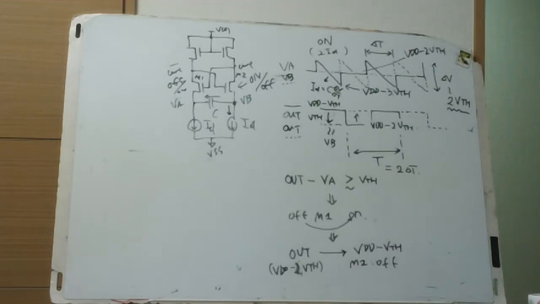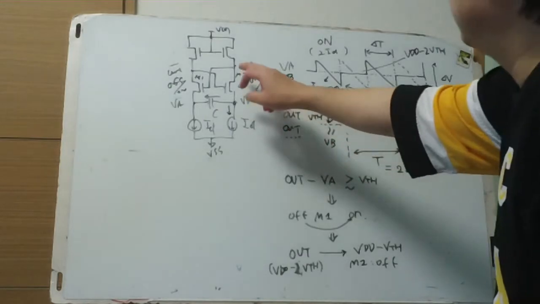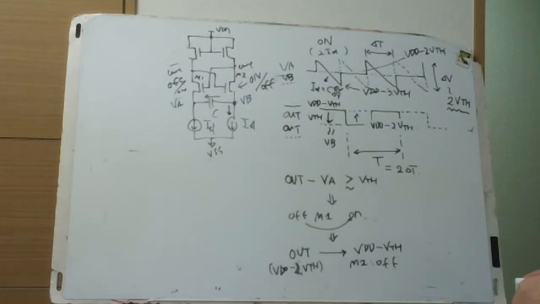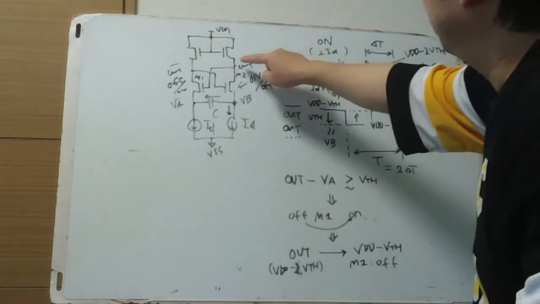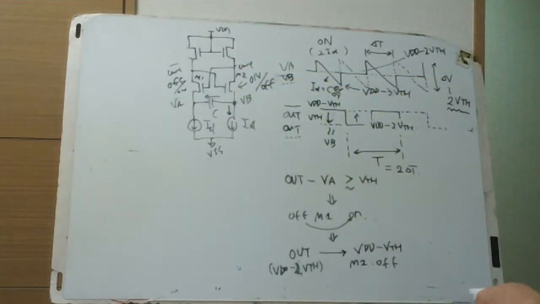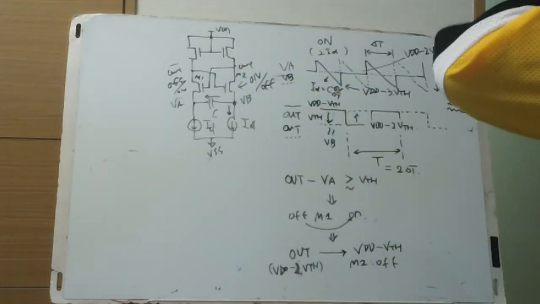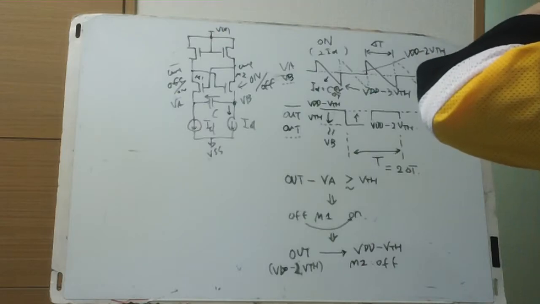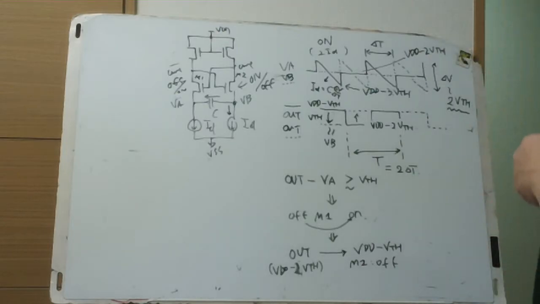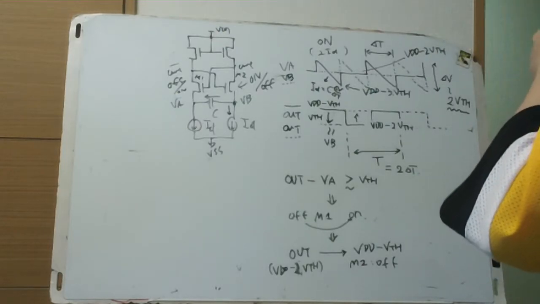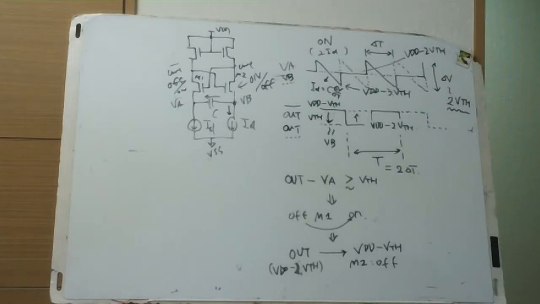The name "source coupled" is a dangerous word, because this is drain, but this is source: drain coupled. I like drain coupled. If it were source coupled, it would never oscillate.